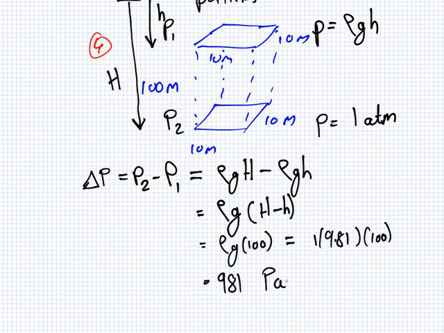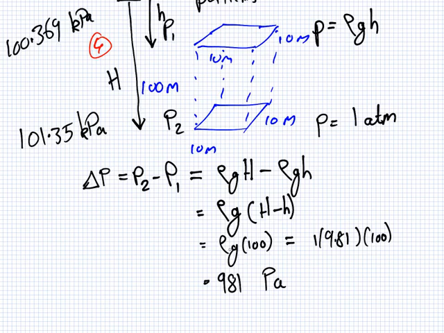But you could know what it is, because here, this is 101.35 kilopascals, so the one up the top will be 101.35 minus 0.981. So this up the top would be 100.369 kilopascals.